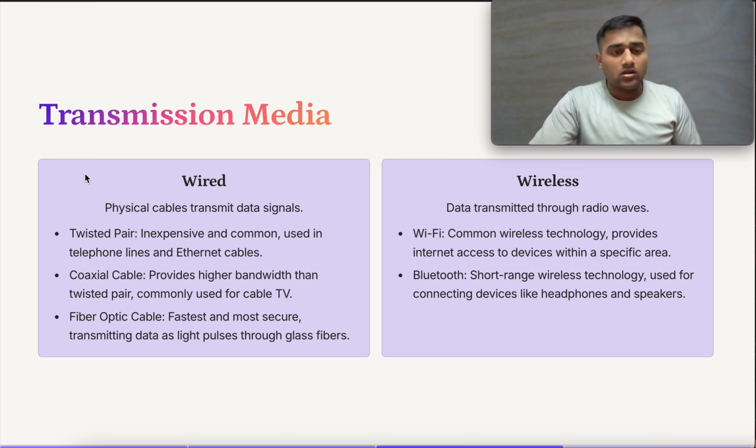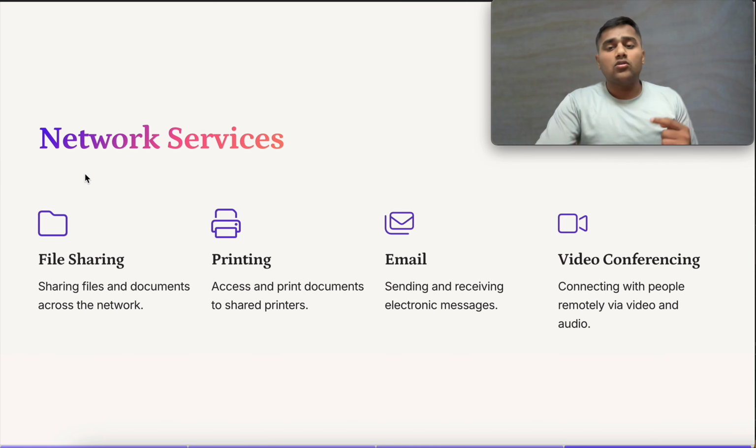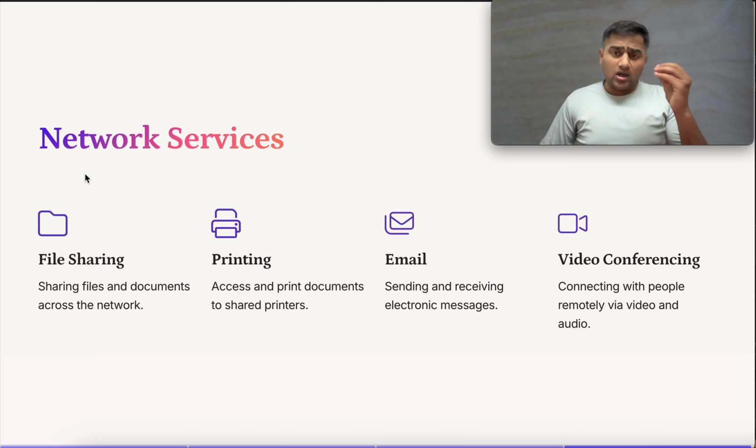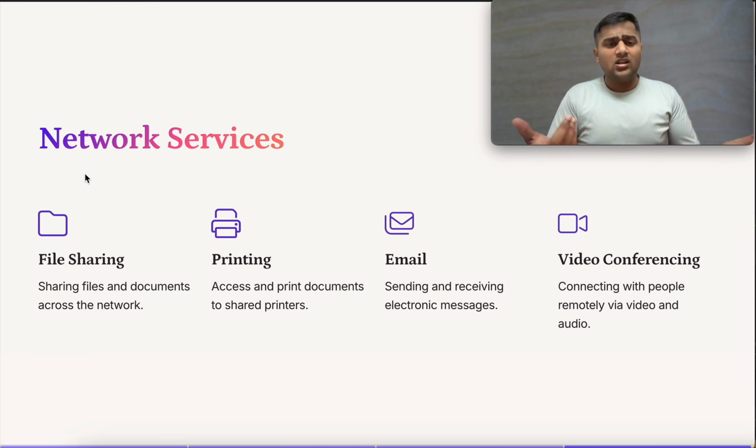Media is done. Now third is network service. Network service is a very simple thing: how we are using the network. There are thousands of applications of computer network, like sharing files, printing, email, video conferencing. Whatever you are doing on your network is considered a network service.